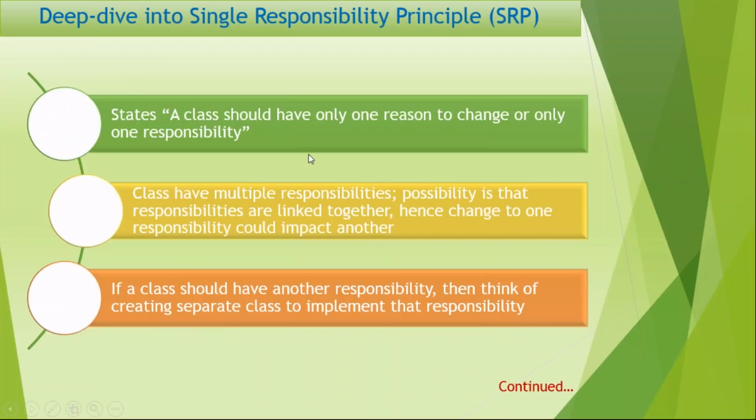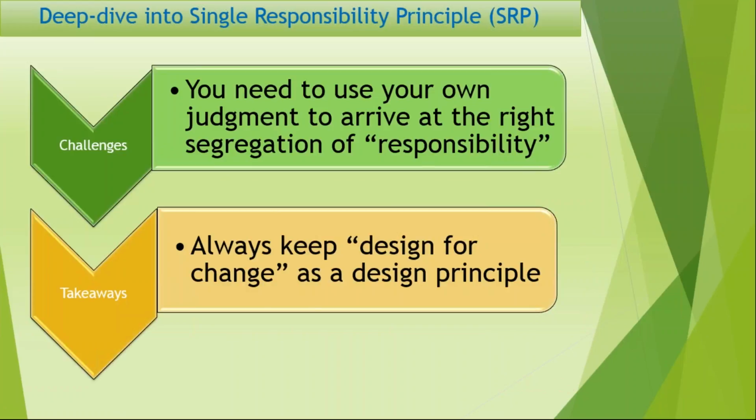Okay, let's go back to the slide and look into some more aspects of the single responsibility principle. Now by implementing exception logging in a different class, we adhere to the single responsibility principle. But as I said, it's not that simple. It purely depends on your thought process, how you think. Let's look at challenges. You need to use your own judgment to arrive at the right segregation of responsibility.